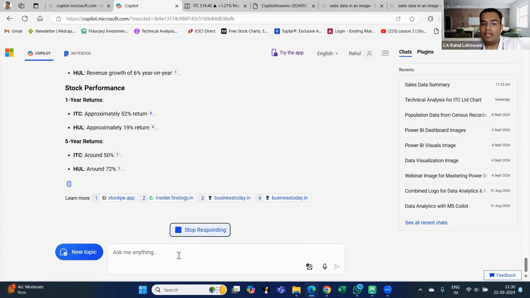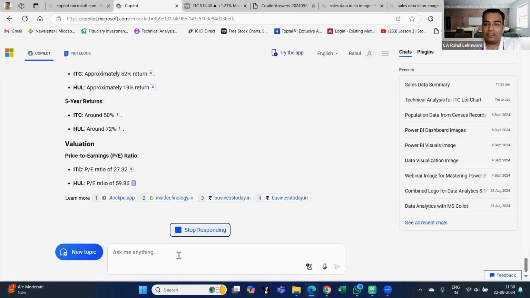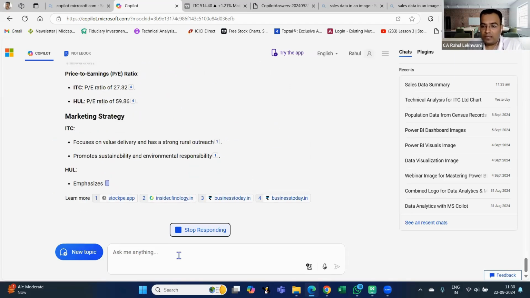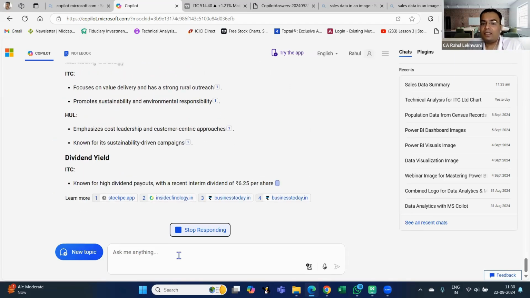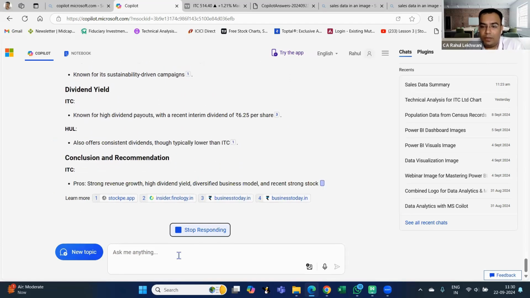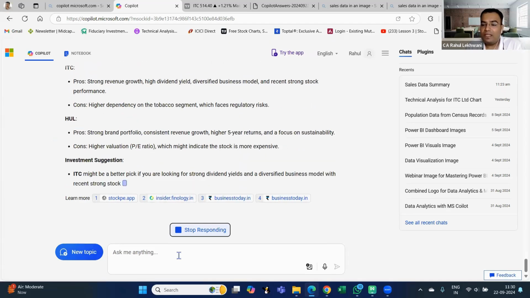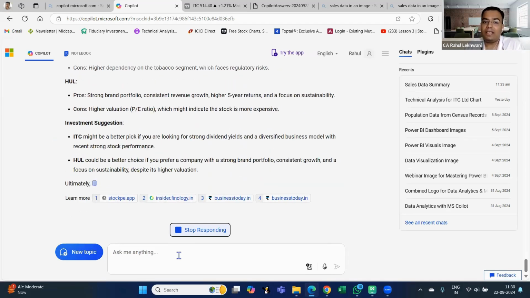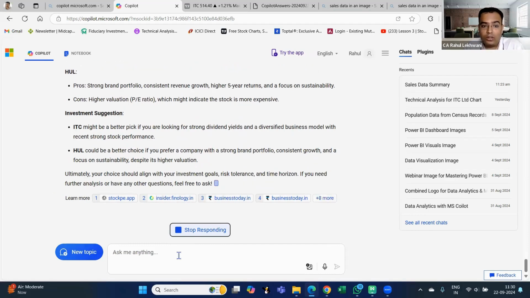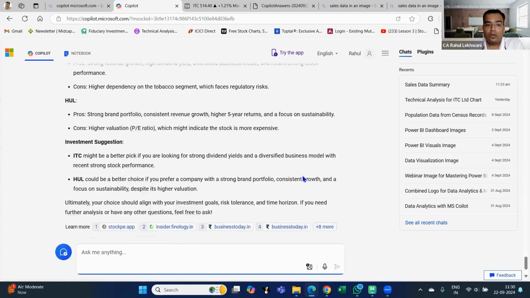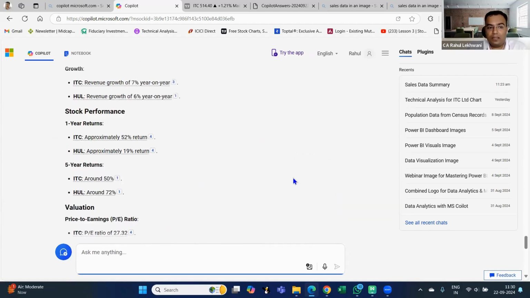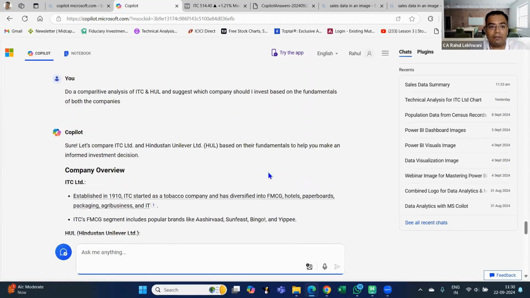Now it will give me a comparative analysis. Today, if I have two options to invest, I can ask GPT or this AI tool, Copilot, to give me the comparative analysis, and based on that, it also gives me a suggestion, right? If you see, it has given me the comparison in each and every parameter.